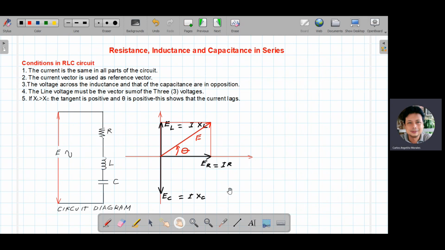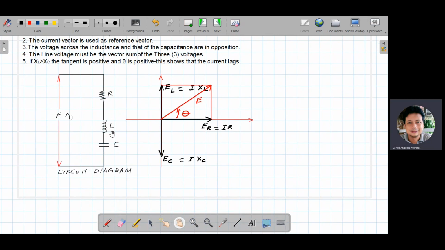So, makikita mo, nandito na lahat yung component, no? Resistance, inductance, capacitance. So, with respect to the vector diagram, yung resistance, makikita mo in phase sa axis ng current. Wala siyang phase angle kasi purely resistive siya.